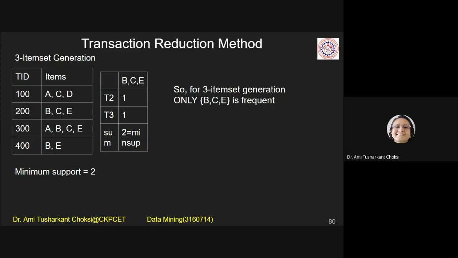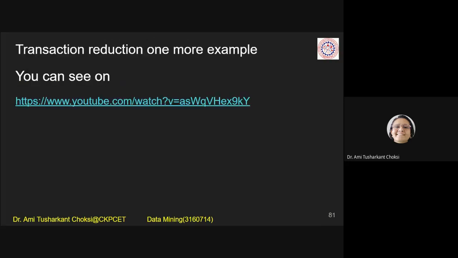So now it is crossing the minimum support, or you can say that it is greater than or equal to minimum support. And so for three item set generation, only BCE is frequent, right? Got it? Here the link is also there. You can see that.